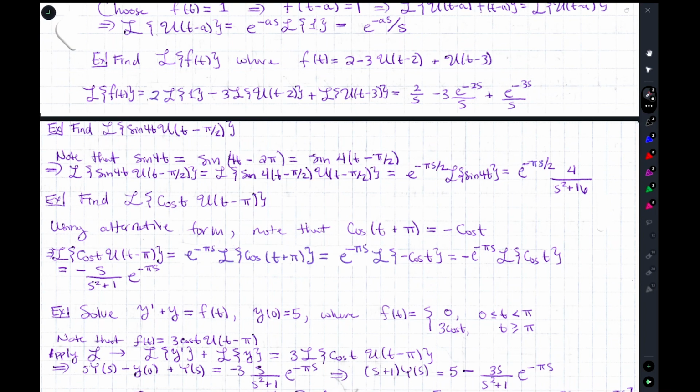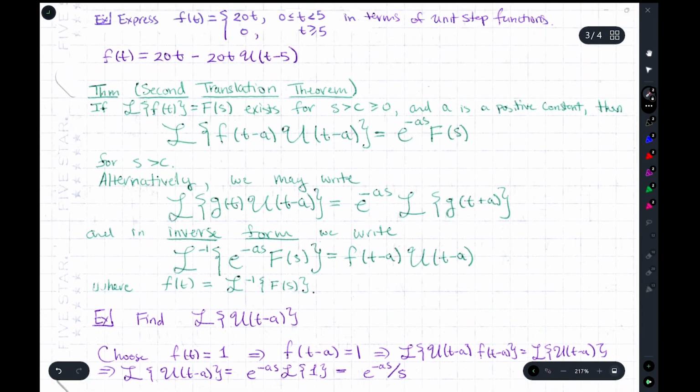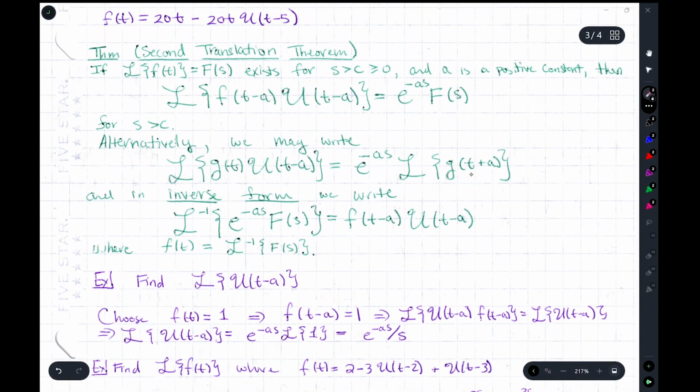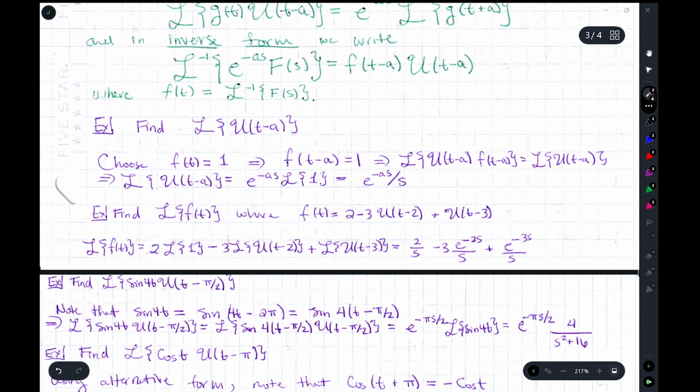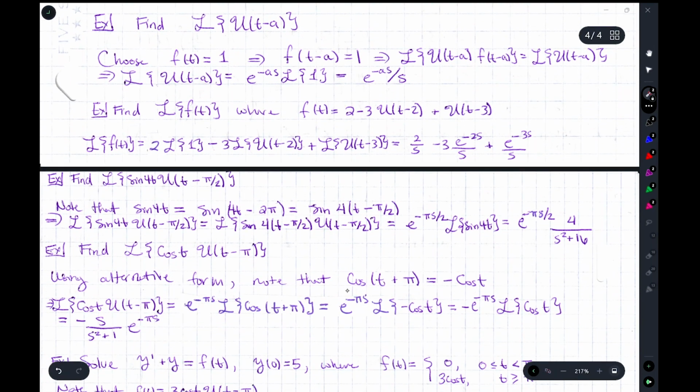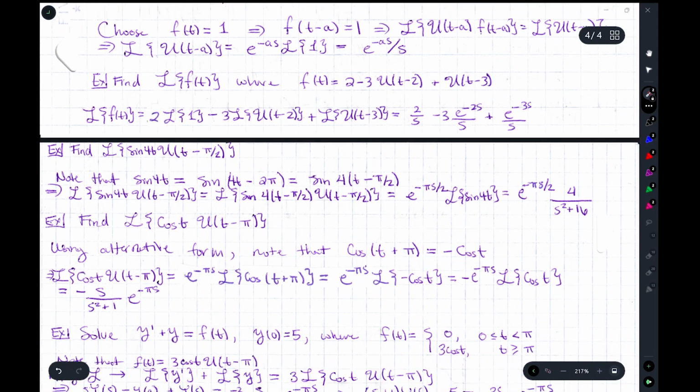Then we could use the alternate form, okay? The alternate form has this, g of t plus a, okay? And note that cosine of t plus pi is negative cosine of t.